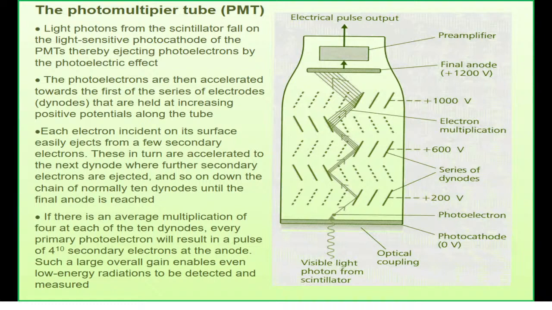If there is an average multiplication of 4 at each of the 10 diodes, every primary photoelectron will result in a pulse of 4 to the power 10 secondary electrons at the anode. Such a large overall gain enables even low energy radiations to be detected and measured.